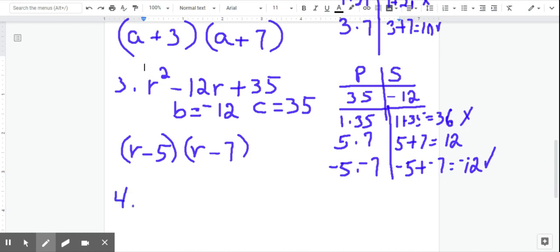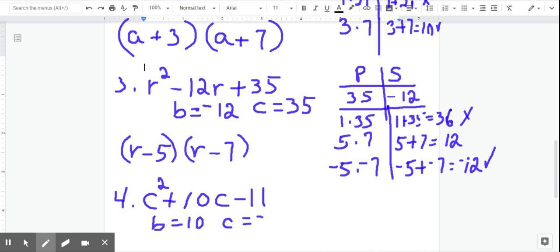Example 4. What if we had c squared plus 10c minus 11? So our b is 10 and our c is negative 11.